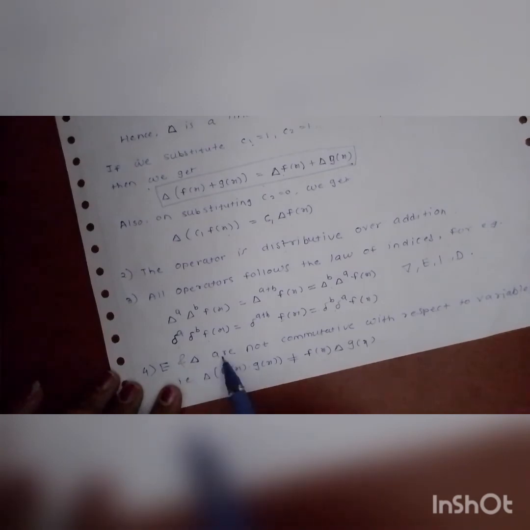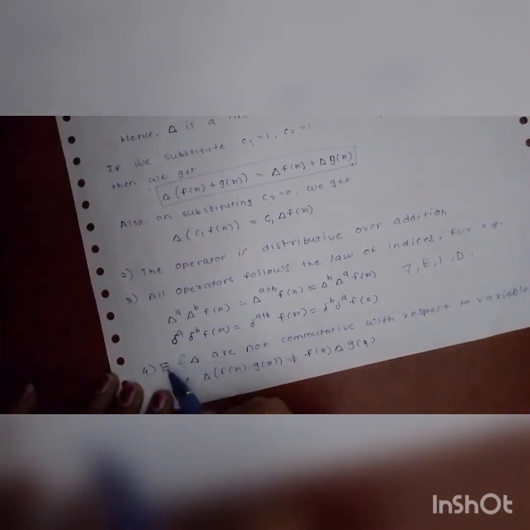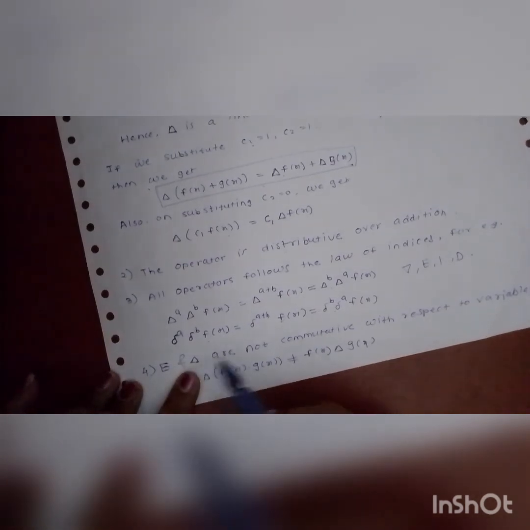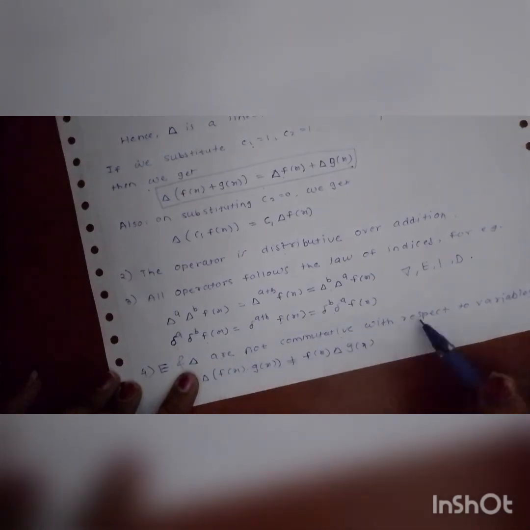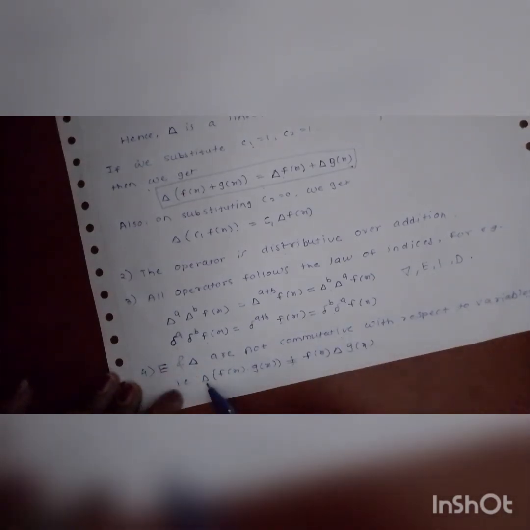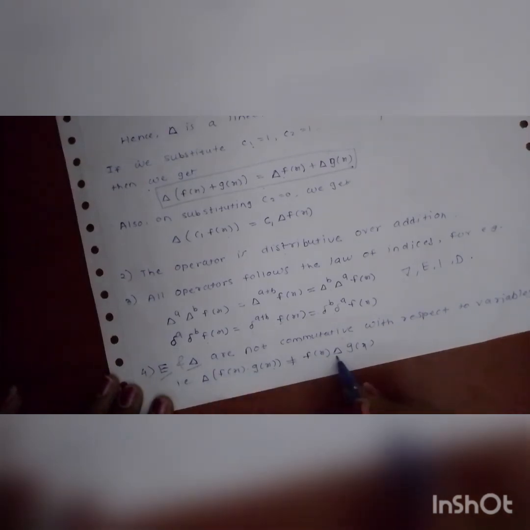The fourth property is that E and delta, that is the shift operator and forward difference operator, are not commutative with respect to variables, that is delta of f of x into g of x is not equal to f of x into delta g of x.